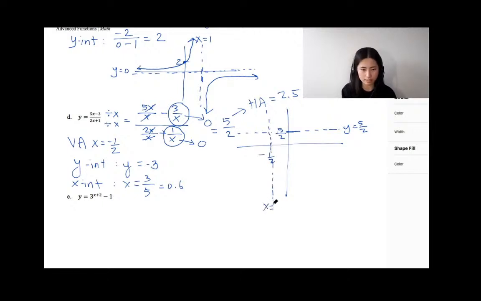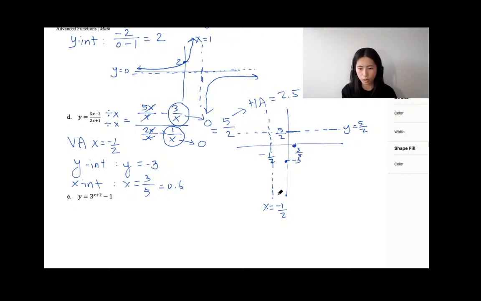Sorry, yeah, x is equal to negative 1/2. Y-intercept is negative 3, so that's right here. Right? 0 comma negative 3. And then your x-intercept is going right here, 0.6, which is 3 over 5.